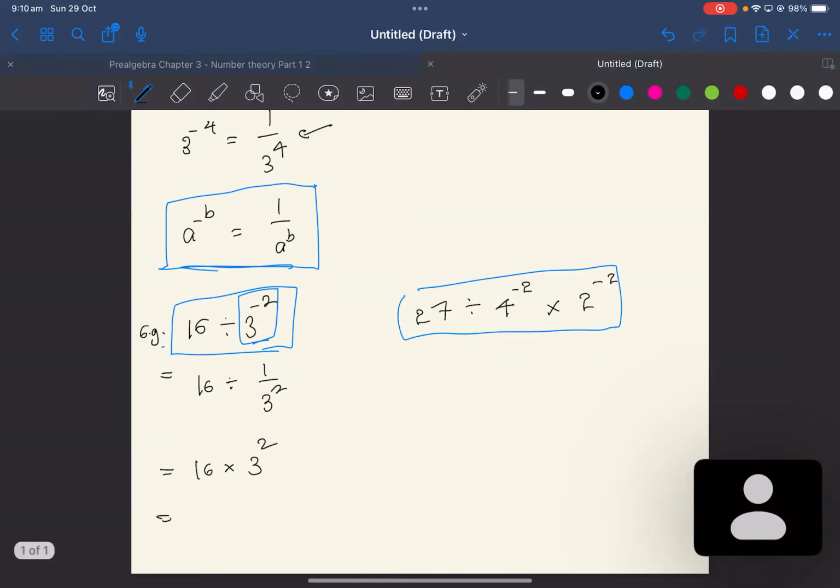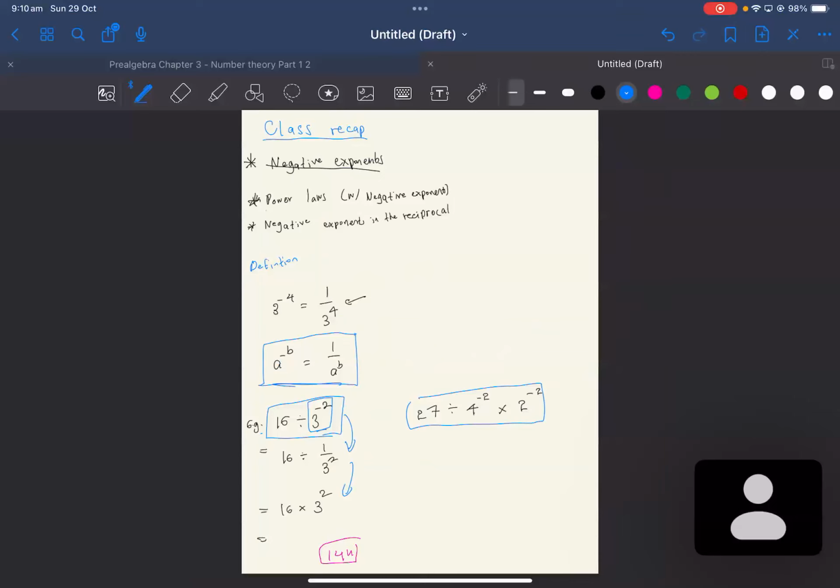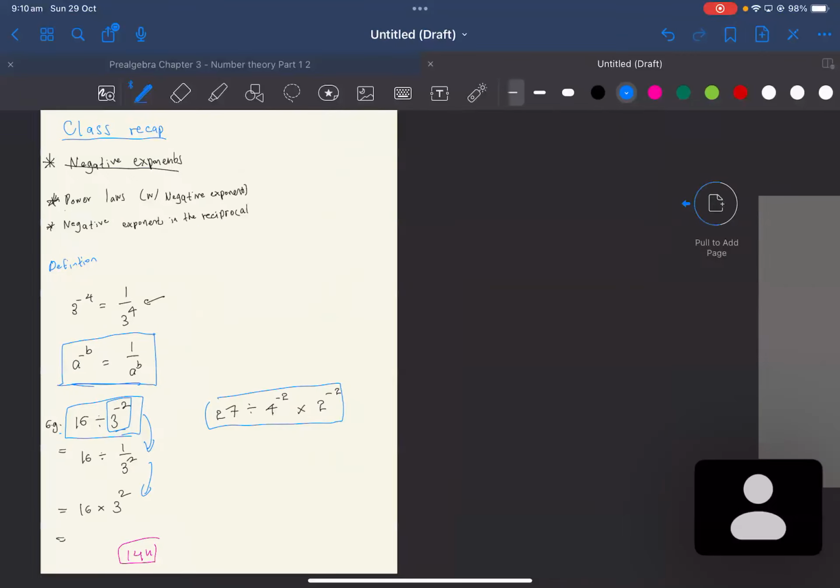Then 16 times 9, you can just calculate that on your own, that's basic multiplication. You should end up with 144. But these are the key steps: dealing with it by converting the negative exponent to a positive exponent.